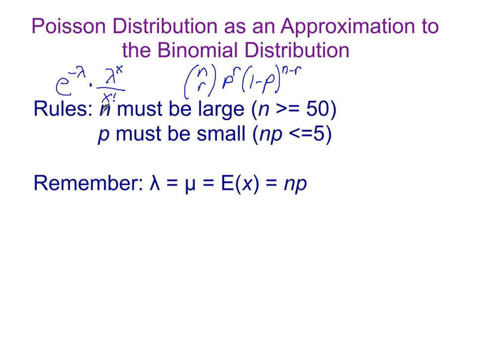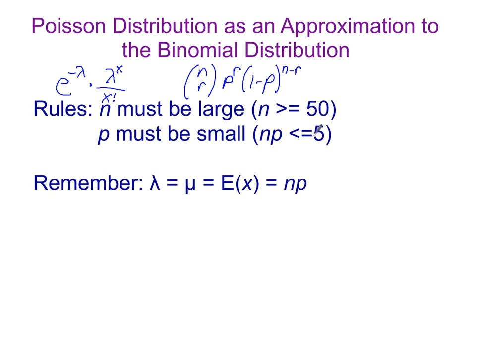The rules about that are that n must be large. Okay, n was the number of trials, so again, like the number of opportunities, and that the probability of quote-unquote success must be small, such that the expected value, or np, is less than or equal to 5. These are just rules that have been set up and accepted as to when you can use a Poisson as an approximation to binomial.